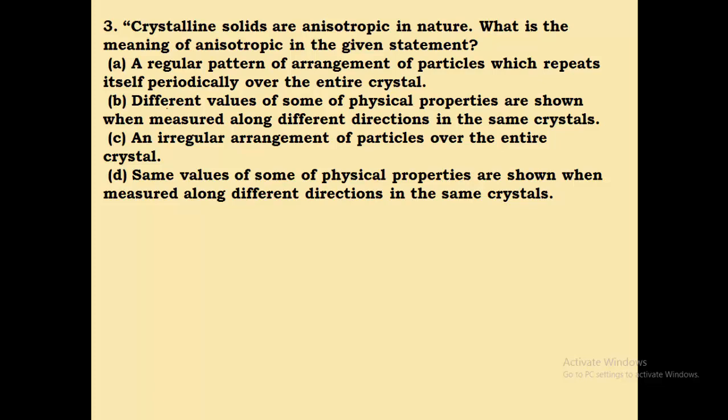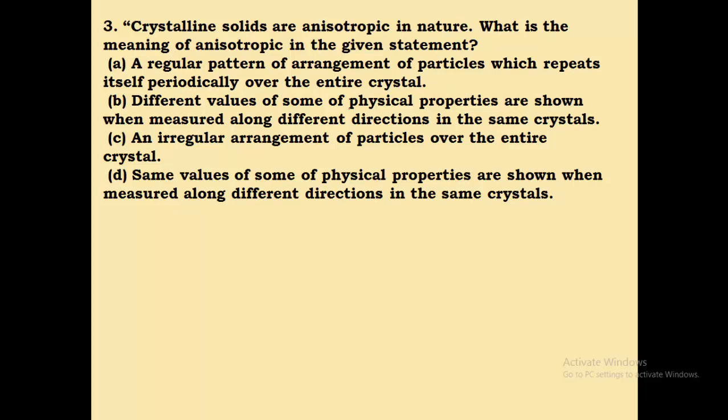The third one: crystalline solids are anisotropic in nature. What is the meaning of anisotropic in the given statement? You already know anisotropy. It means the physical properties are different in different directions. Now in the given statements, you have to see which one is right. The first one: a regular pattern of arrangement of particles which repeats itself periodically over the entire crystal.